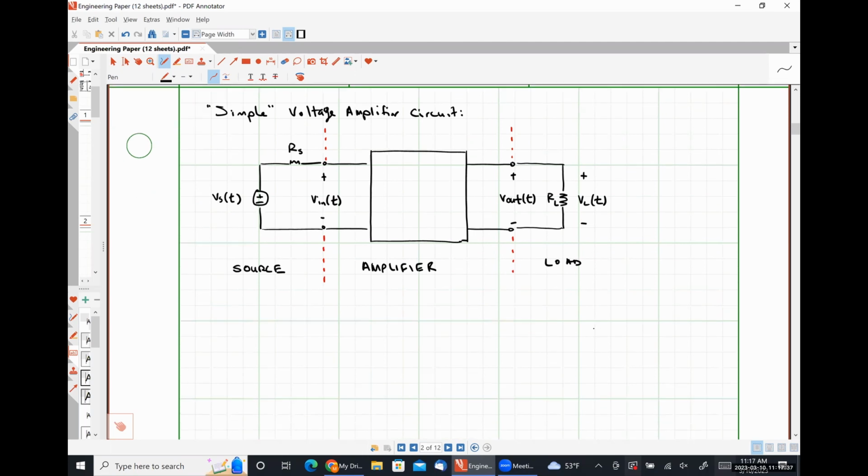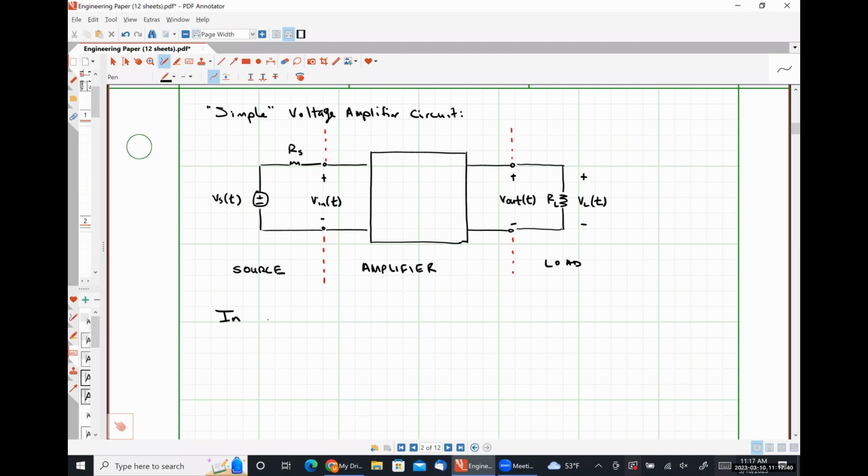So in an ideal case, our load voltage VL of t will simply be the gain of the amplifier system times our signal voltage, Vs. But we don't really have access to ideal amplifiers.